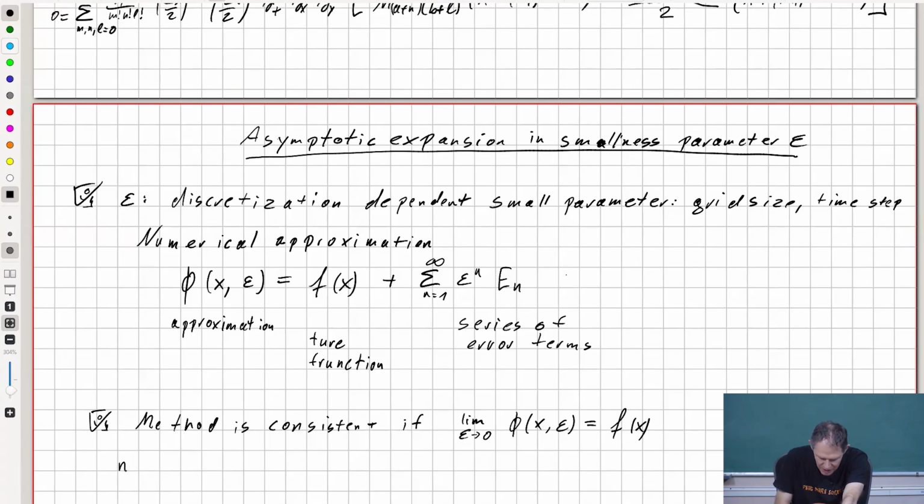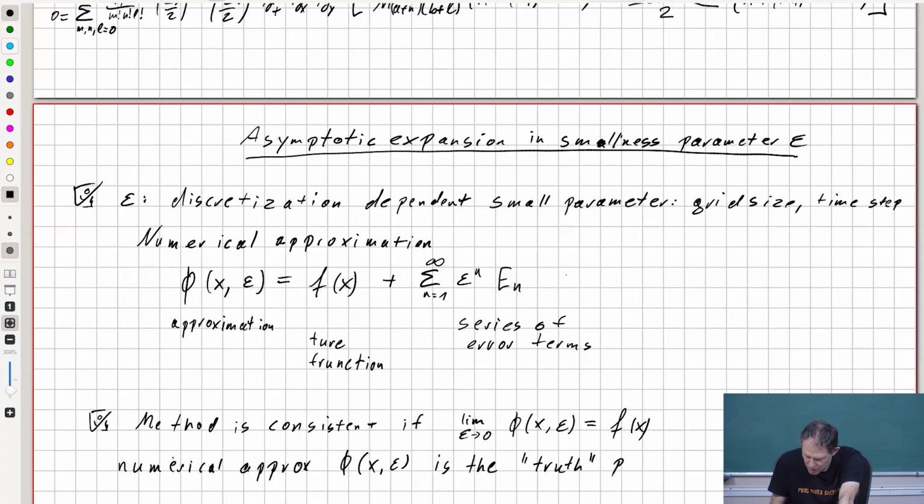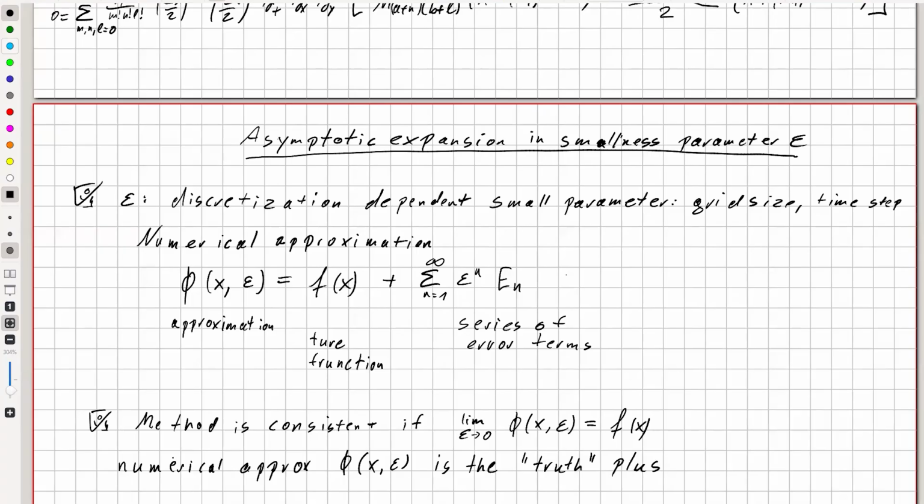So this numerical approximation phi of x and epsilon is the truth plus a hierarchy of errors.